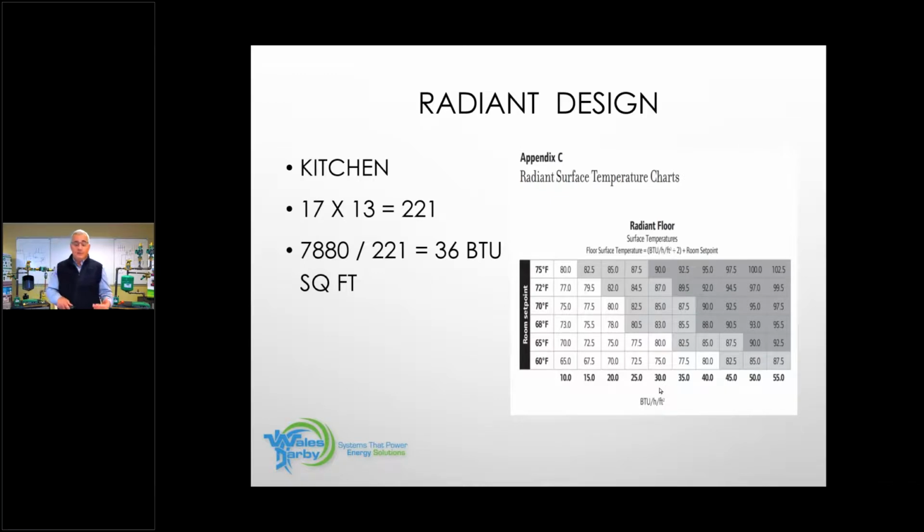If I took the square footage times 35, that's going to deliver 7,735 BTUs. I'm short, gentlemen, but not by much. Some guys would live dangerously and not even worry about that supplemental heat. Other guys are going to want to do it, so I could do it with a small panel rad. That's one way of looking at this, okay?